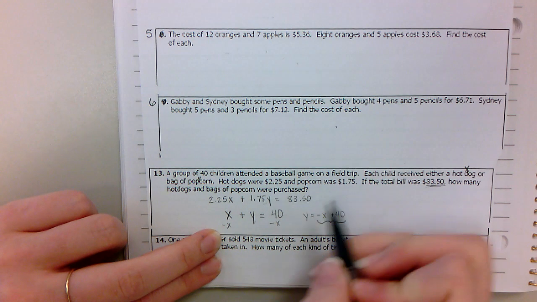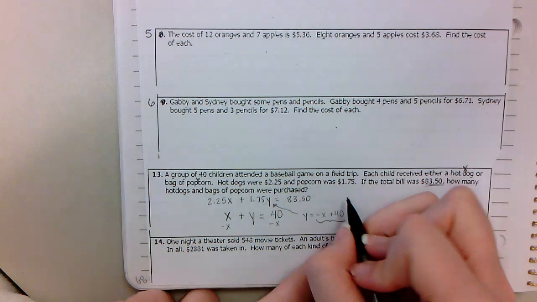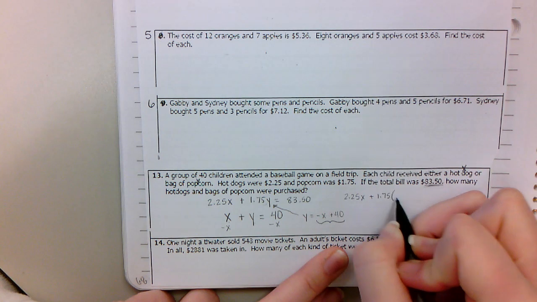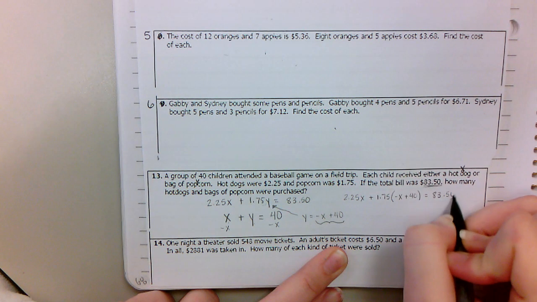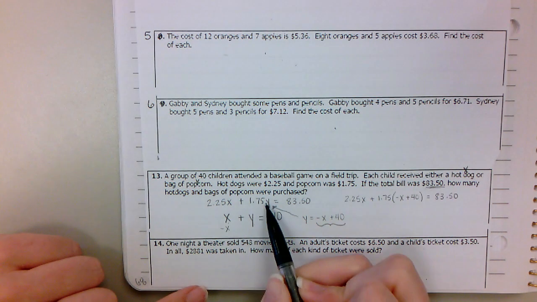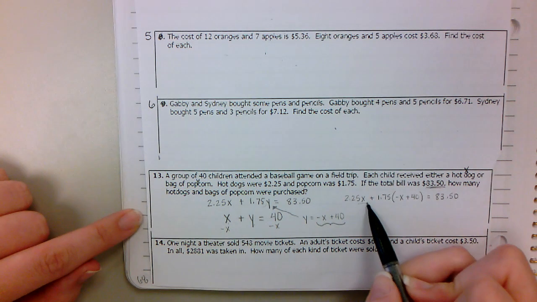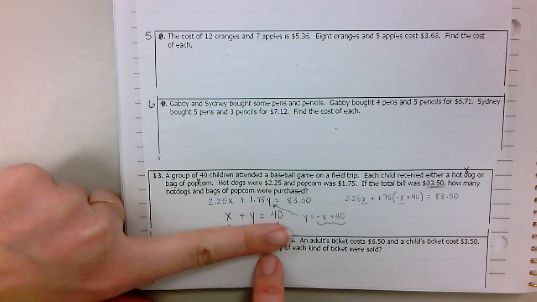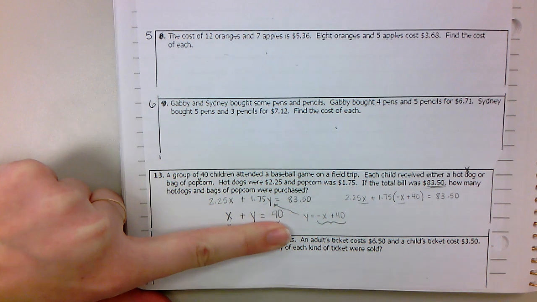And then I can just plug this in right there and just solve the equation for X, which would then be 2.25X plus 1.75, plug in what we know Y is, equals 83.50. If Y is that, then where the Y is, just put what it is. Put what we know Y equals. And then I would distribute, and as you can see, the only letter that I'm solving for at this point is X. I would combine my X's and move everything away, and then I would know my X. And then because this equation is so simple in the very beginning, once you know what X is, whatever's missing to get you to 40, that's what Y is.